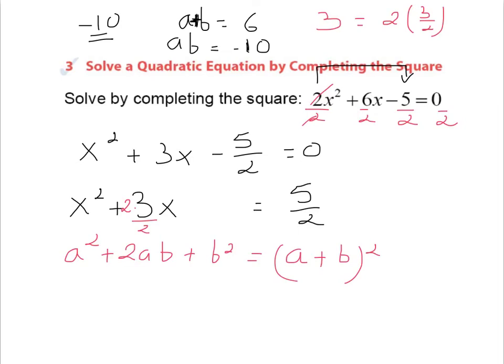Now what do I have here? I have 2, and a, which is x, and b, which is 3 over 2. So what I need is b squared, which is 3 over 2 squared.